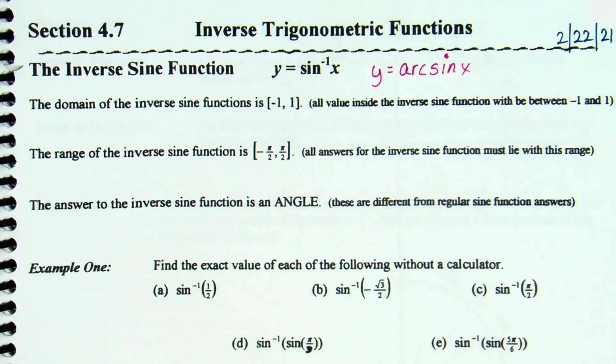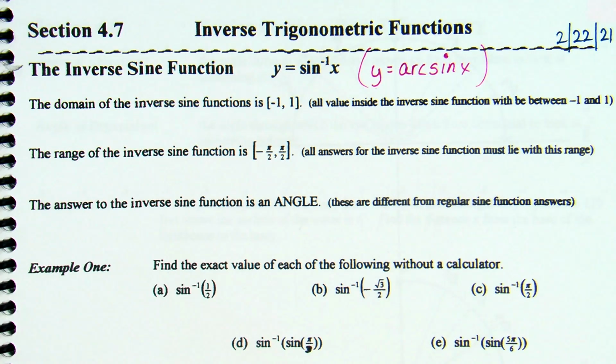That is the exact same thing as saying sine to the negative 1 x. And I believe, let me double check, yes, they use both in the homework. So sometimes they'll use the negative 1 between the trig word and the variable, and other times they say arc sine x.